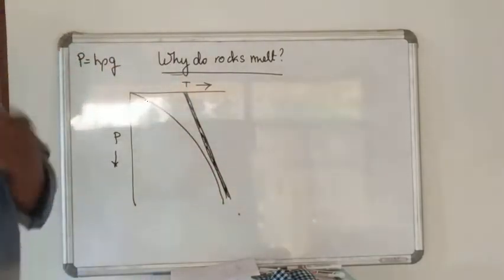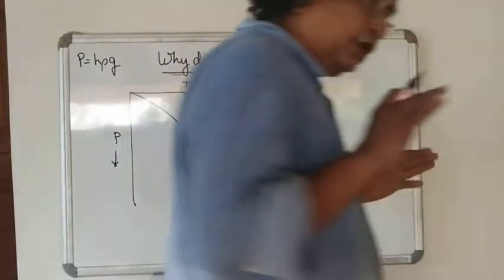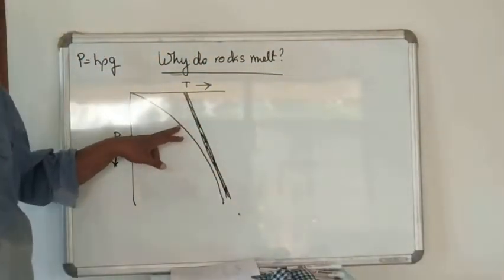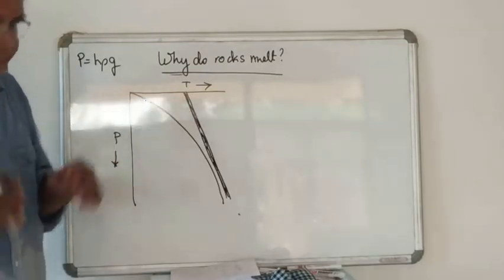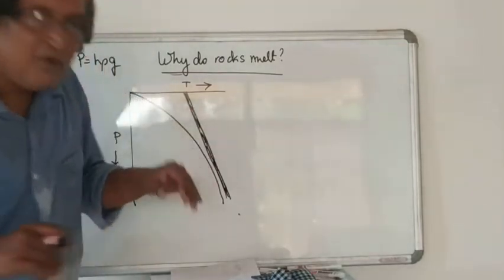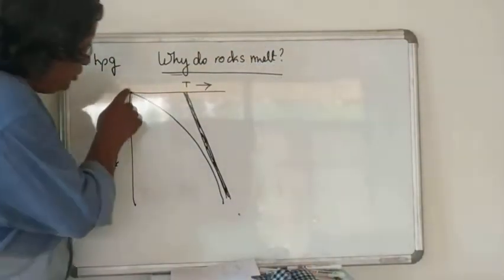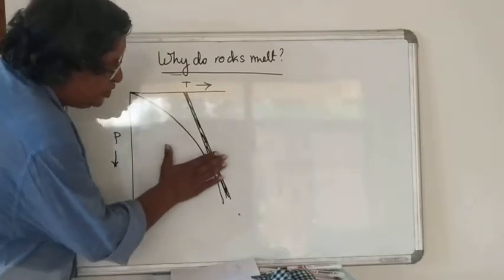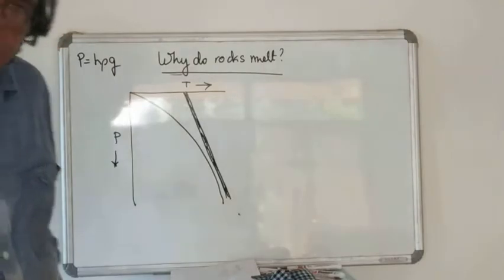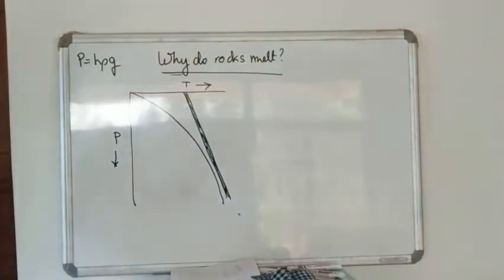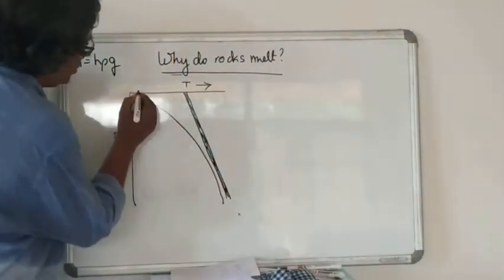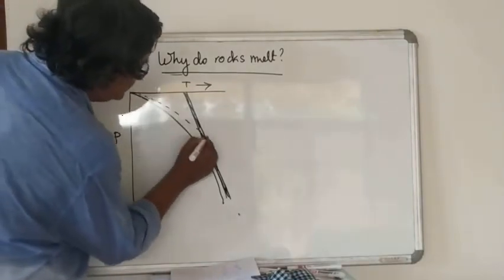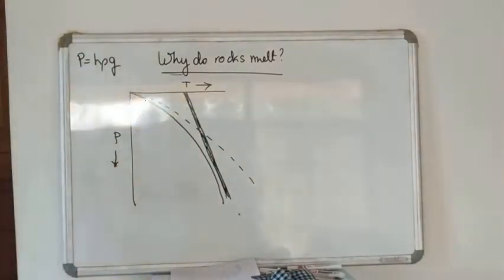Now you see, the geotherm is normally at temperatures within the solidus temperatures. That means normally a geotherm would be in the solid part. It would not go into the melt part. Just for your information, I am drawing another, hypothetical geotherm here. This is another geotherm. Now you see what is happening.